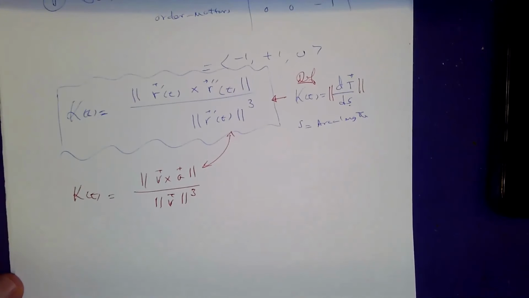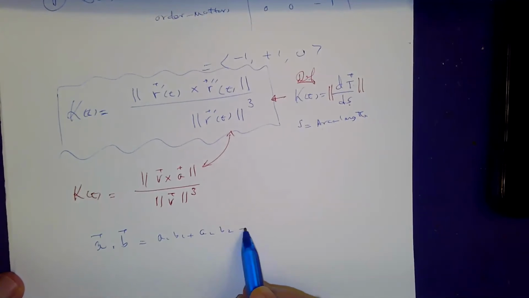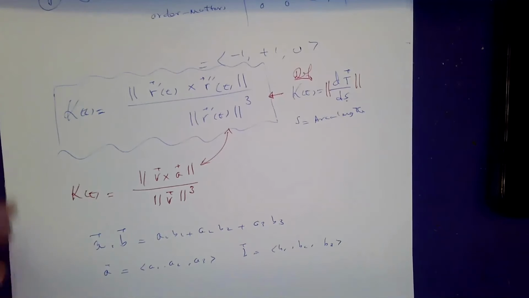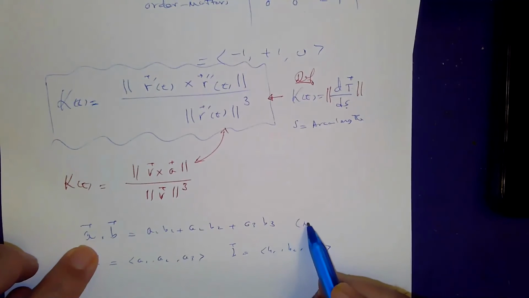Basically, dot product gives you a scalar, but I can't draw any picture of it because this is like A1 B1, A2 B2, A3 B3, provided A is equal to A1, A2, A3, and B is equal to, let's say, B1, B2, B3. So yeah, it's a scalar, it's a number.